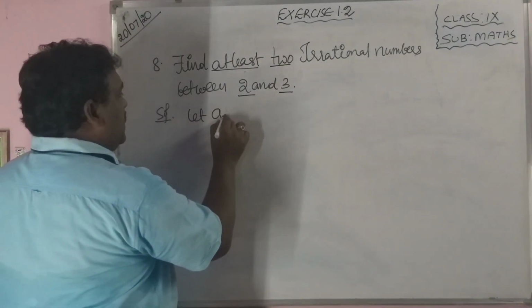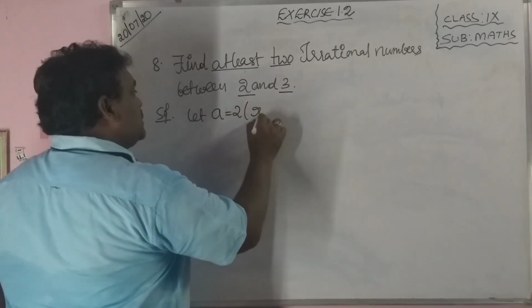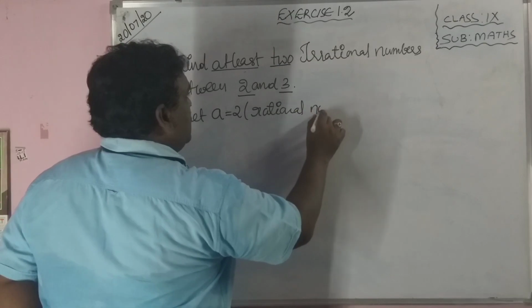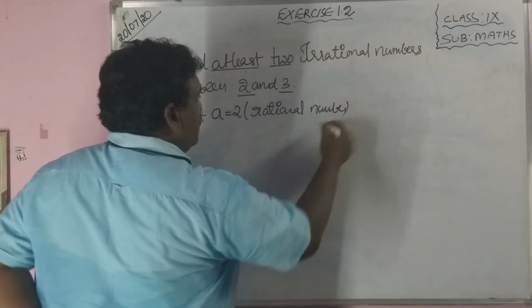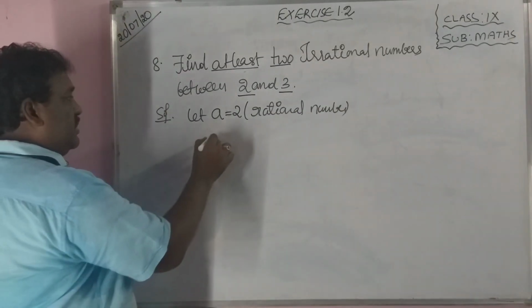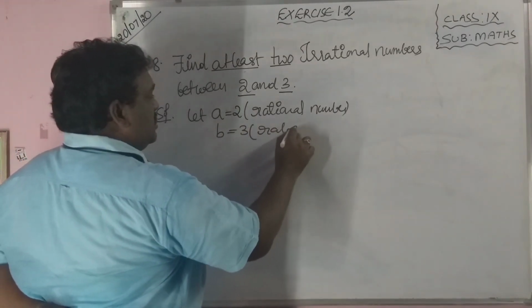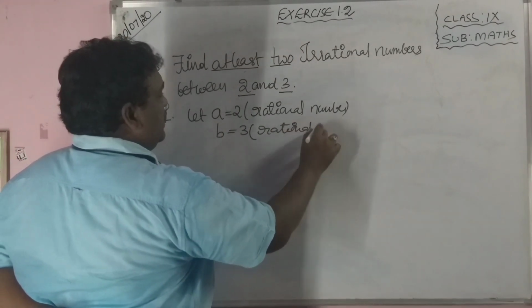Let A equal 2. What is 2? A rational number. B equal to 3, it is also a rational number.